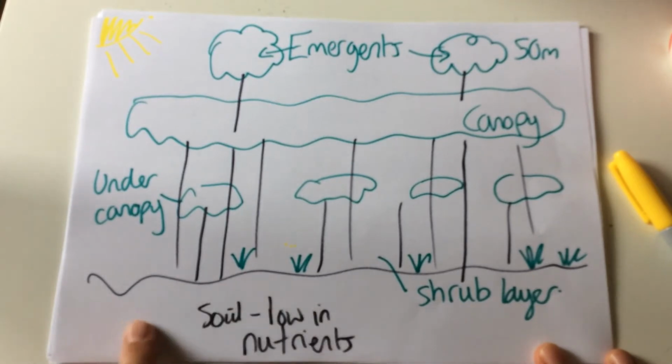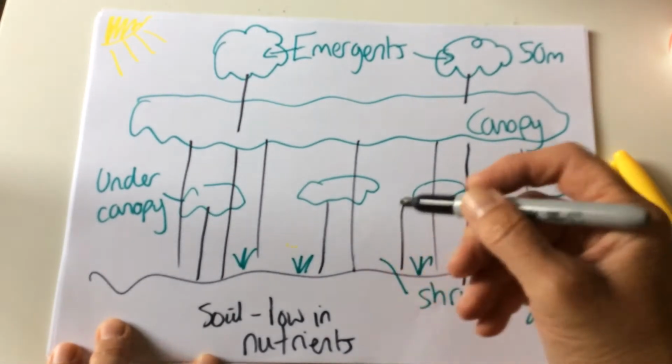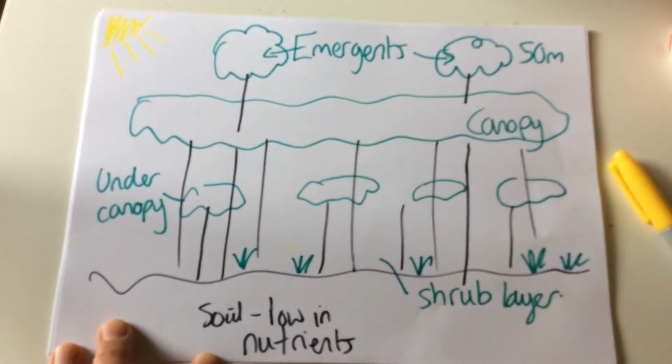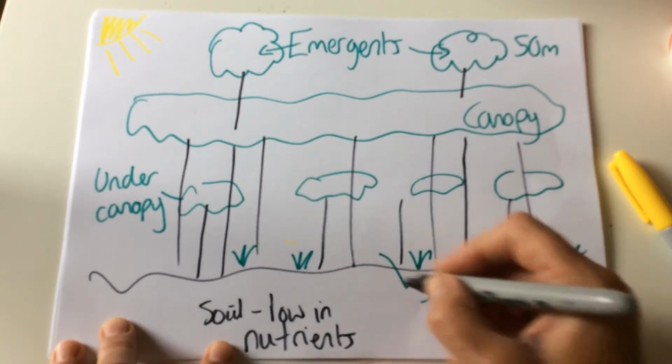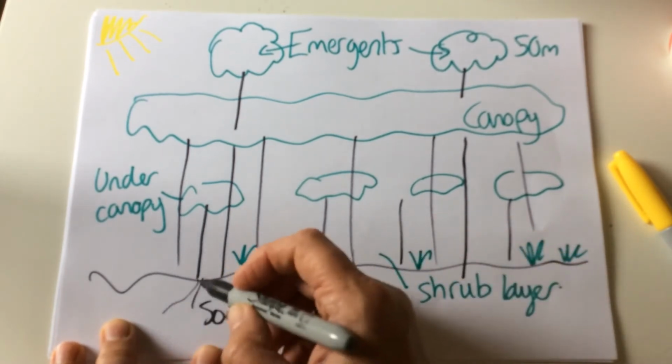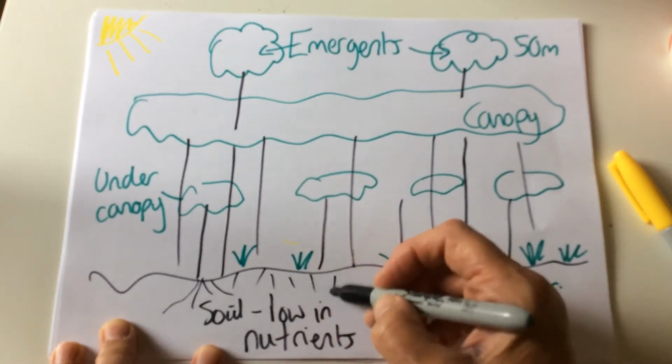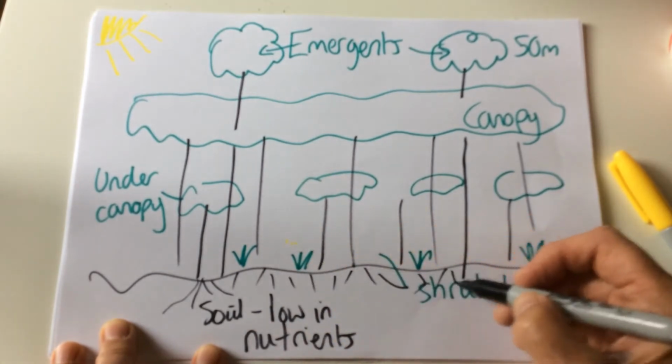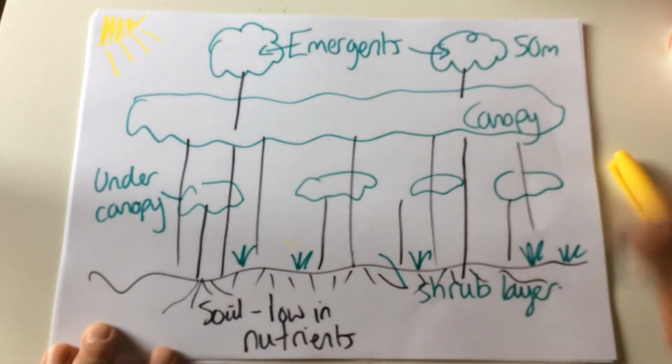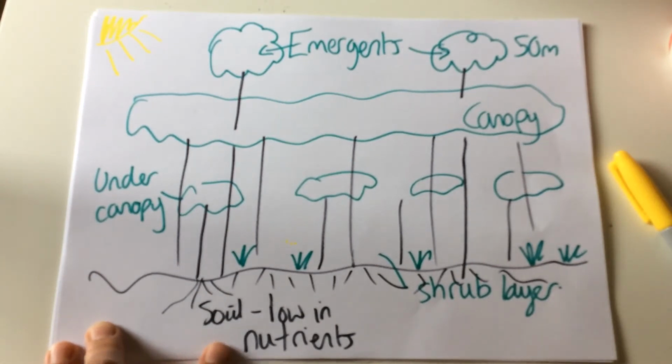Okay, so the reason that the soil is low in nutrients is because the plants are growing really quickly. Every day it's sunny because it's in the tropics, and every day it rains, and that means that these plants are growing really quickly. Their roots, which don't come down that far into the soil, are taking in the nutrients very quickly.